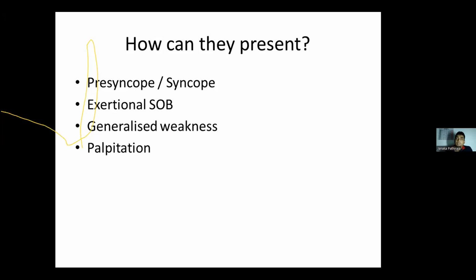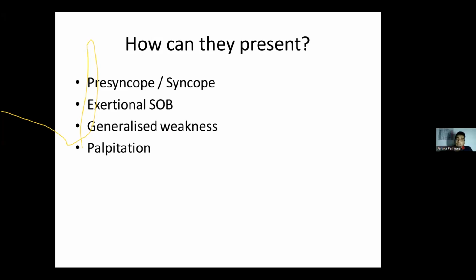Most of the time, they will start anti-arrhythmic rate limiting drugs to control the palpitation, like beta blockers, calcium channel blockers. What will happen? Further deterioration. The patient will get more symptoms and become more symptomatic.